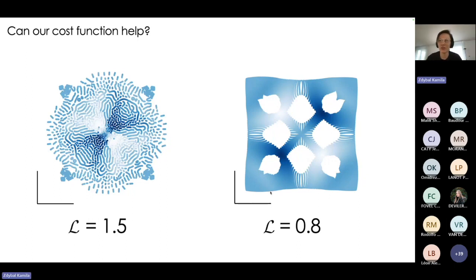So that's a first example. I computed the cost for these two embeddings coming from t-SNE. That was perplexity equal to 1, and that was perplexity equal to 30. And you can see that the cost is higher for perplexity 1 than for perplexity 30.